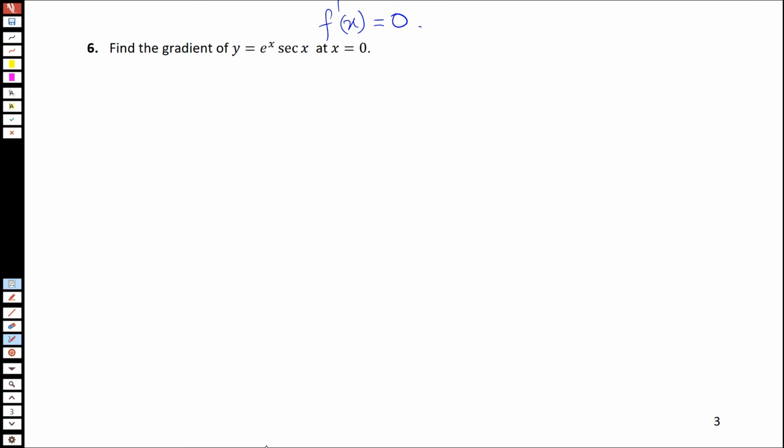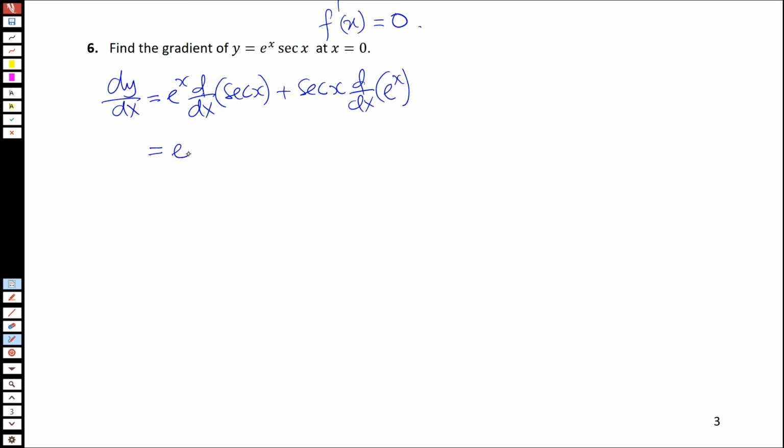So basically, we have dy over dx will be equal to e to power x multiplied by the derivative of secant x plus secant x multiplied by the derivative of e to power x.